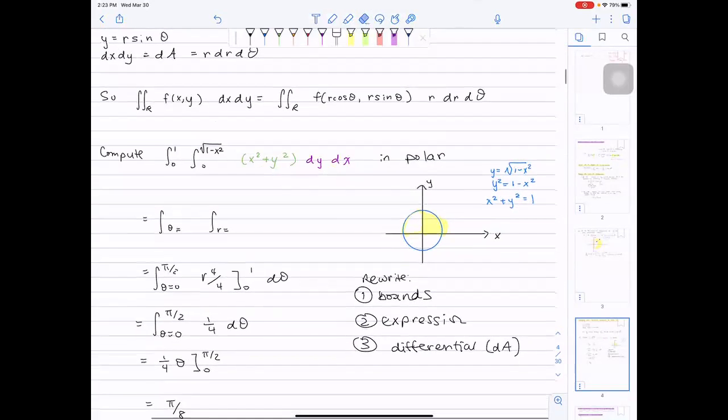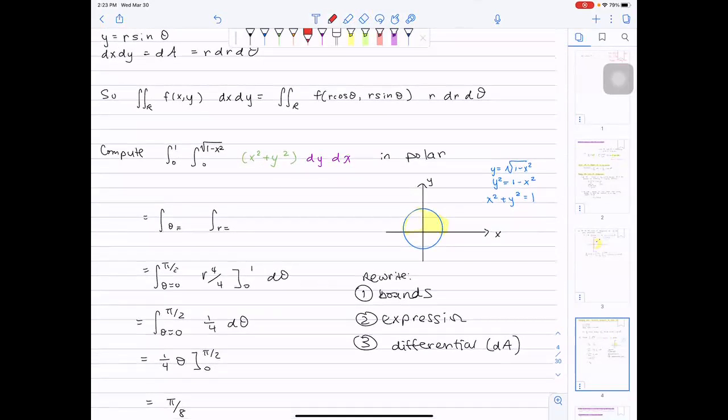If we want to rewrite it in polar coordinates, r goes from 0 to the exiting point, which is that circle, r equals 1. Then for theta, think of a unit circle: it goes from 0 to pi over 2. So we rewrote our bounds.